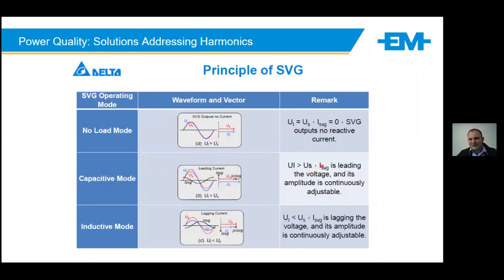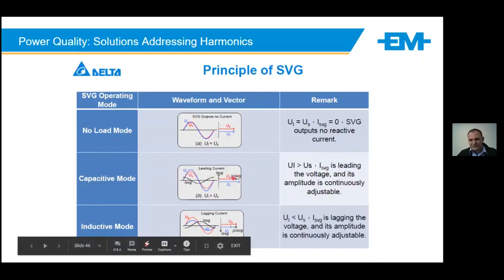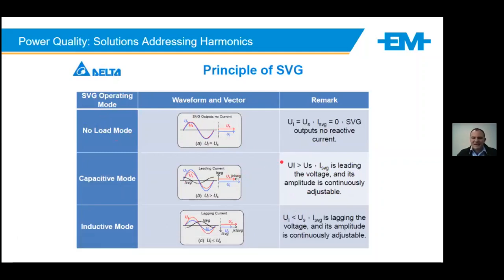Capacitive is leading the voltage. It is continuously changing the amplitude, and the same with the inductive. Okay. A static VAR generator would be applied in aspects where you have very fast loads or changes that need to be addressed to get as close as possible to your perfect power factor.